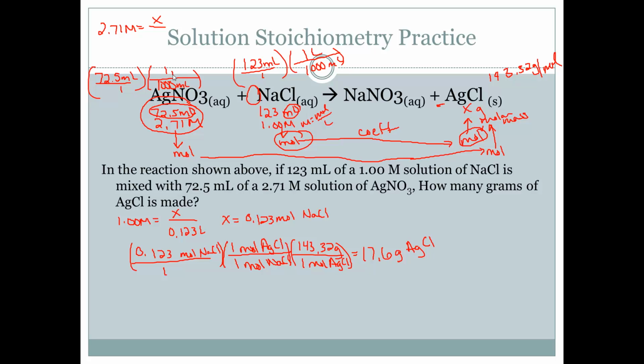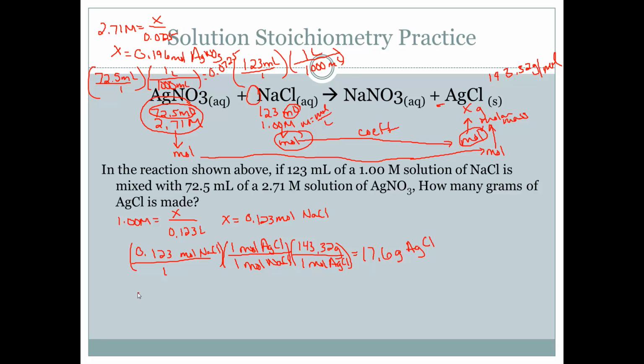That comes out to be 0.0725. That means X is equal to 0.196 moles AgNO3. That's going to be our starting number for our lines.